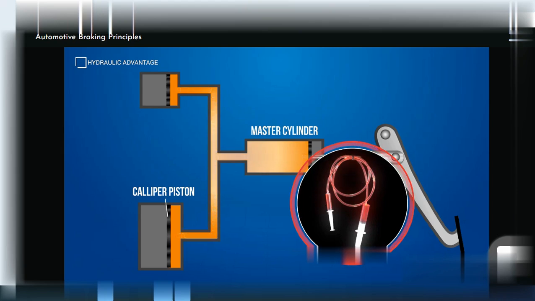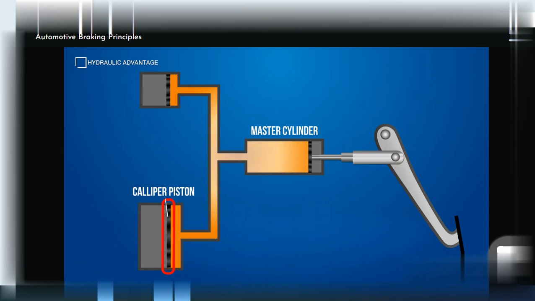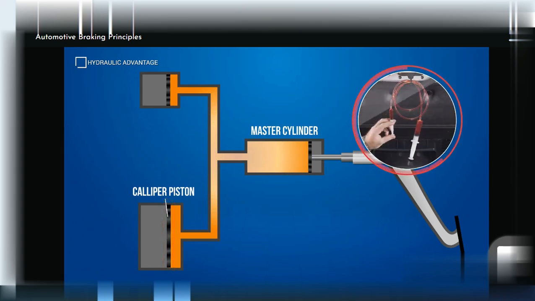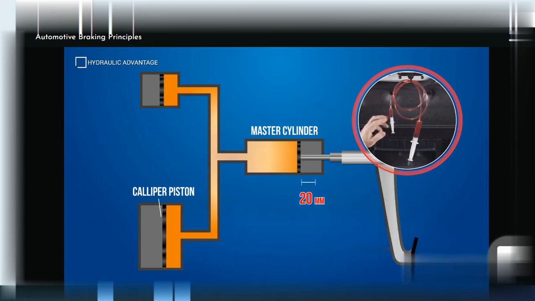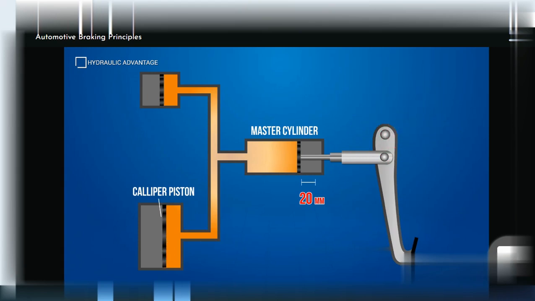In this instance, the caliper piston has twice the surface area of the master cylinder piston. If we move the master cylinder 20 millimetres, the caliper piston only moves 10. The caliper has a greater volume than the master cylinder, so the piston will not travel the same distance. Even though the stroke is reduced, the force applied by the caliper piston is increased.